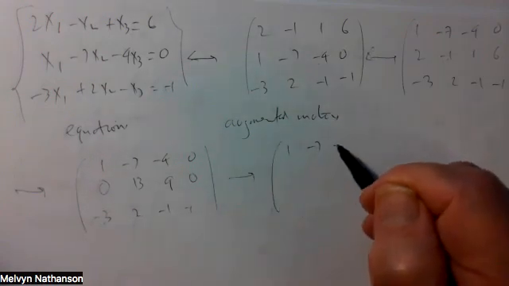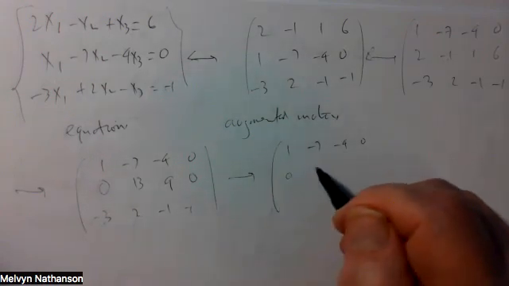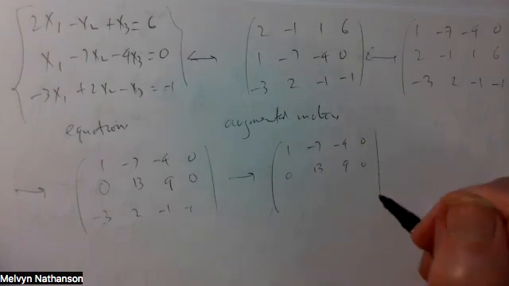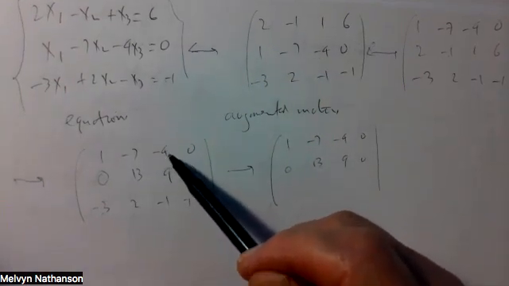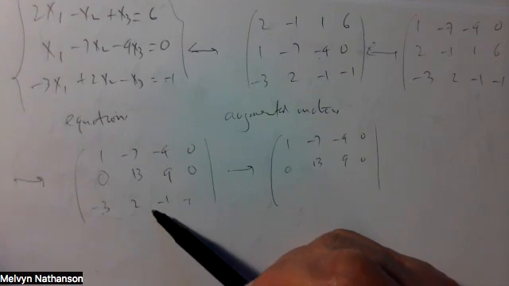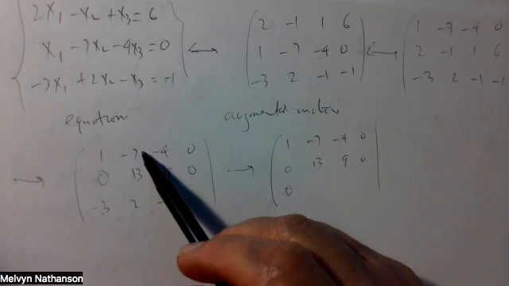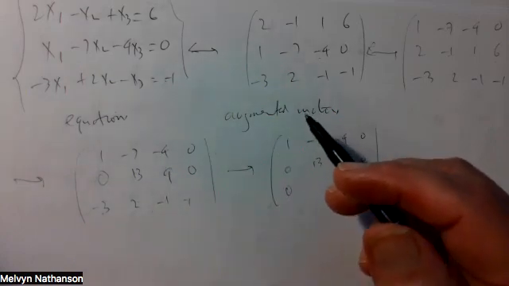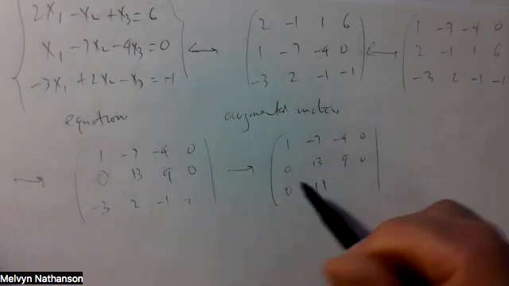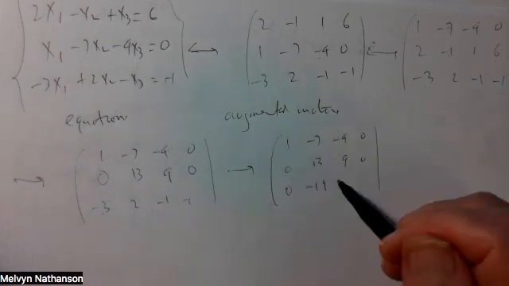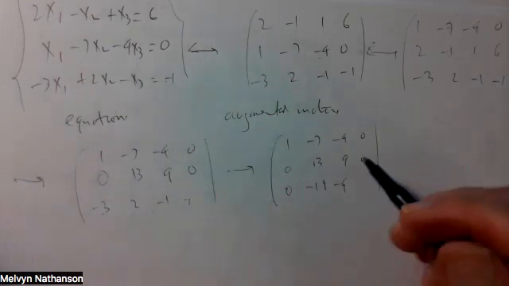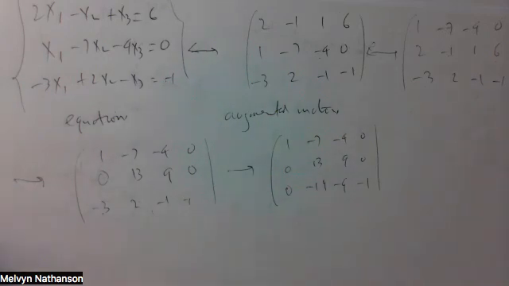So I'm not changing the first row or the second row, but I add 3 times the first row to the third row. 3 minus 3 is 0. Minus 21 plus 2 is minus 19. Minus 8 minus 1 is minus 9. 0 plus minus 1 is minus 1.